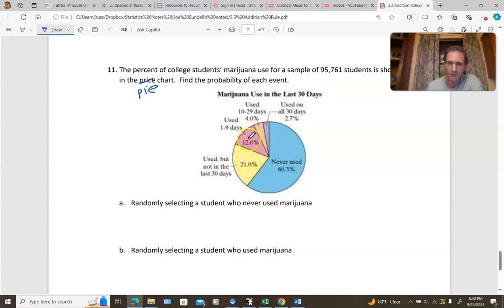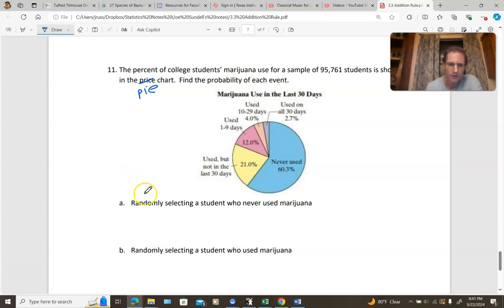And then 12% said they used within the last 1 to 9 days. And then 4% said they used within the last 10 to 29 days. And then this last one, 2.7% used on all 30 days.